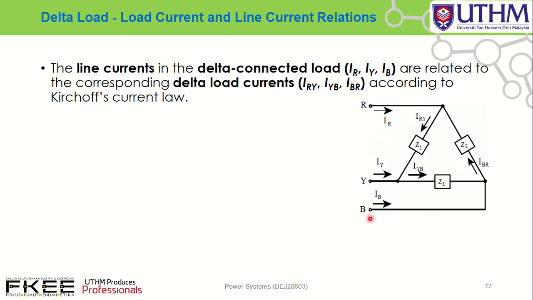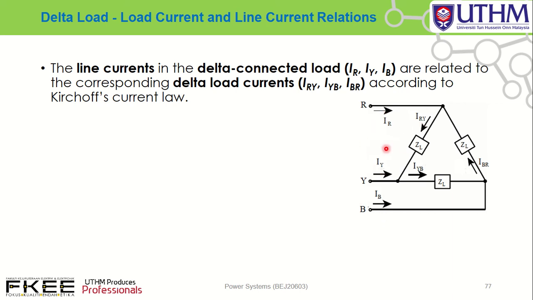Similar to the Y connected load, the notation that we use is capital letters. For example, for phases R, Y and B we use capital R, capital Y and capital B, with IR, IY and IB as the line currents.